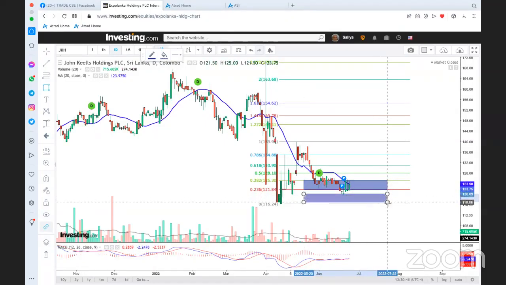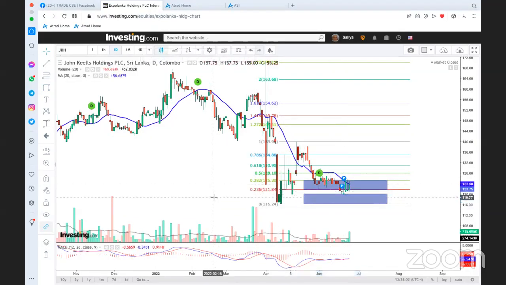It came down to test the top, not because of this box, it's because of this. These are 120. It came down to 120, right? So the market prefers to pay 120, not because of this box.